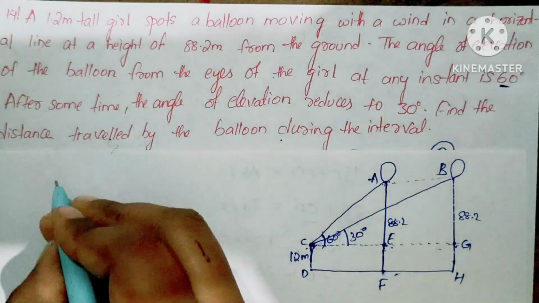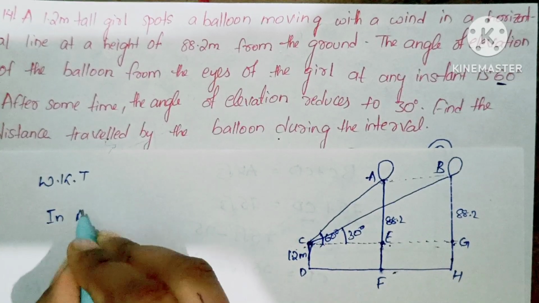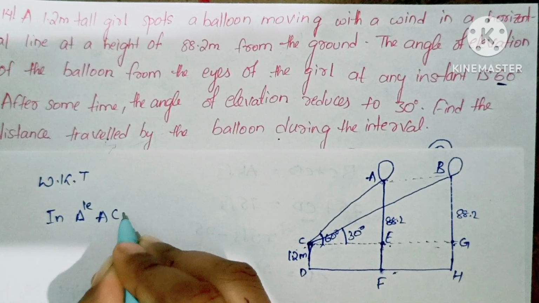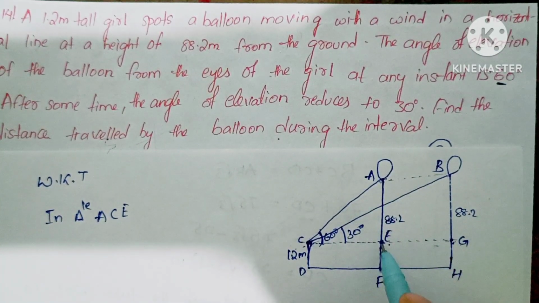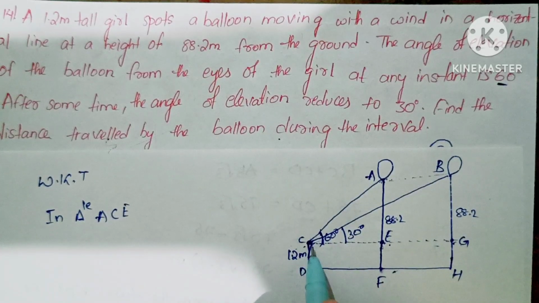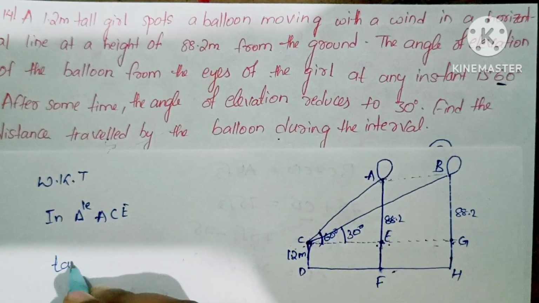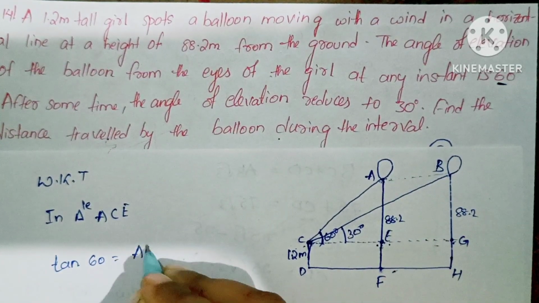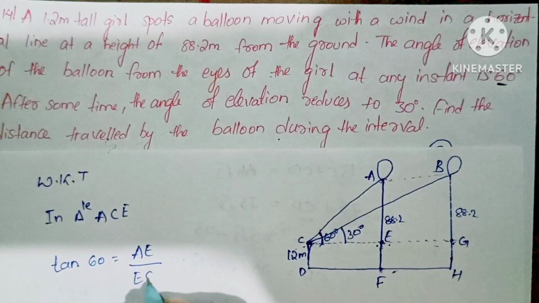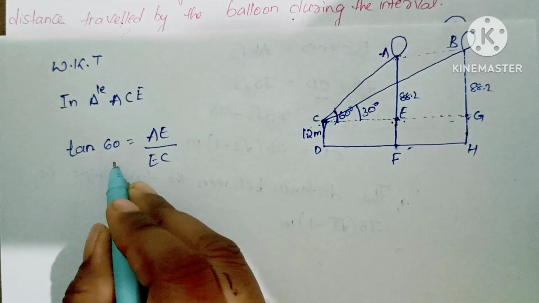Now let us take the first triangle ACE. In triangle ACE, the angle is 60 degrees. You know the opposite side, and you have to find the adjacent side, that means CE. So what will you write? Tan 60 equals AE by EC, right? Tan 60 value is root 3, equal to AE by EC.